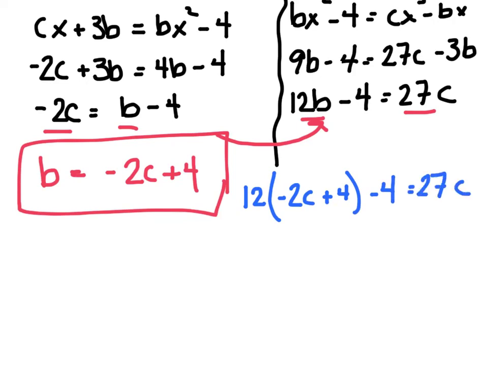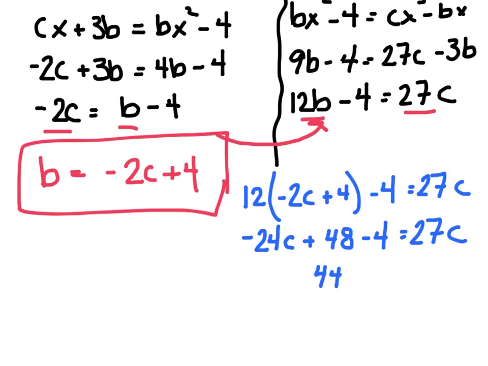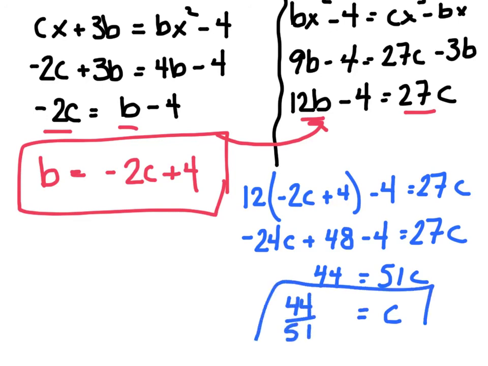Let me clean it up a little: -24c plus 48 minus 4 equals 27c. 48 minus 4 gets me a 44. I'm going to add that 24c over. So I think that's 51c. So c is equal to 44 over 51. Not a pretty number, most likely won't be, and there we go.